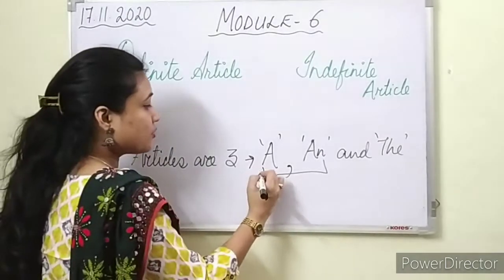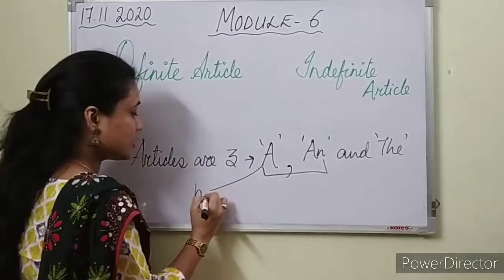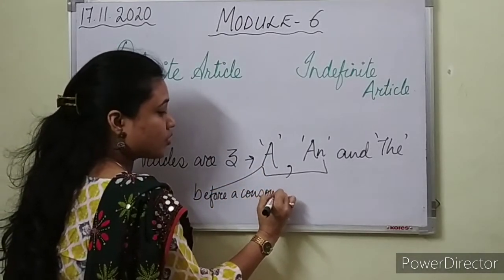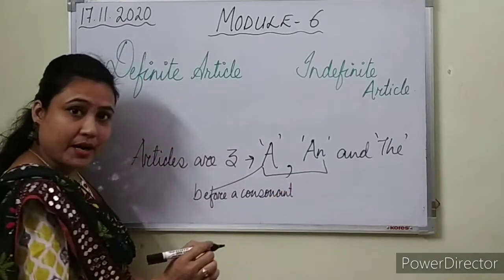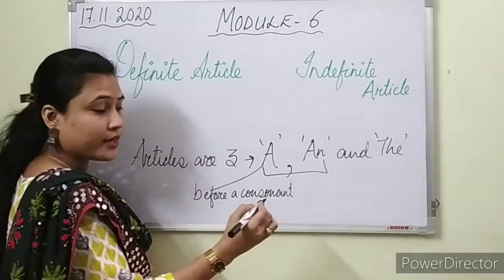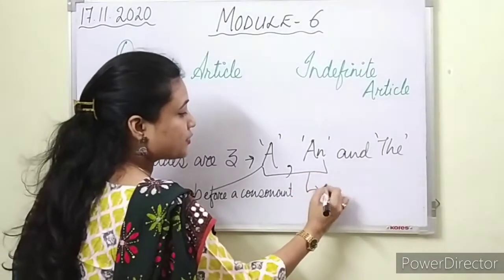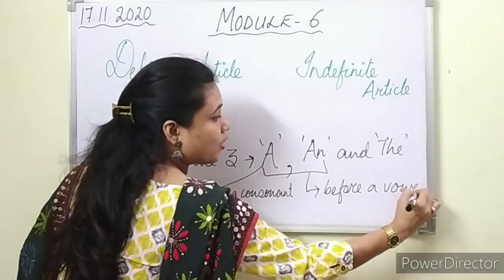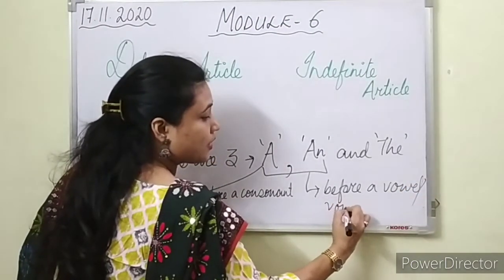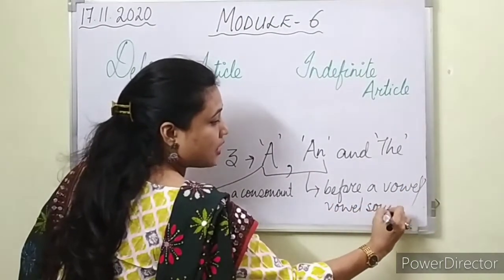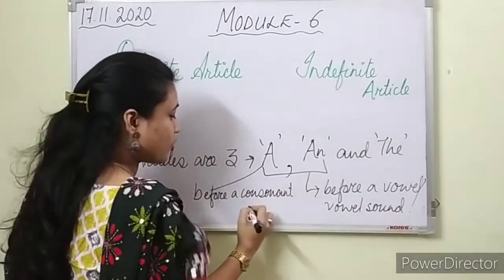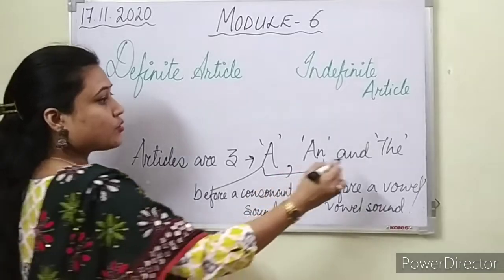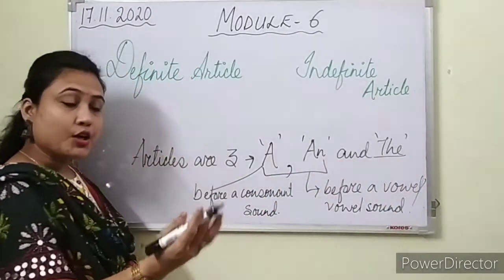A is used before a consonant sound. Are you able to recall it? And an is used before a vowel or vowel sound. Got it? So about the, we will learn today.